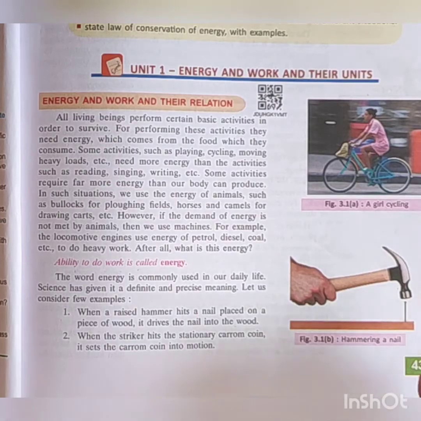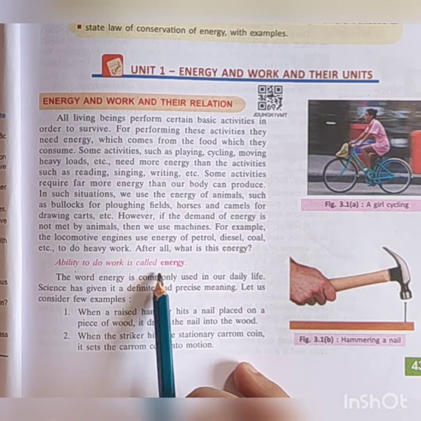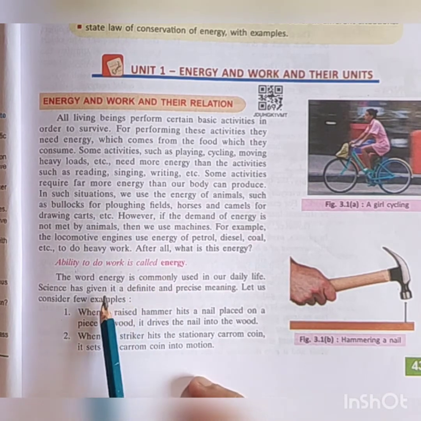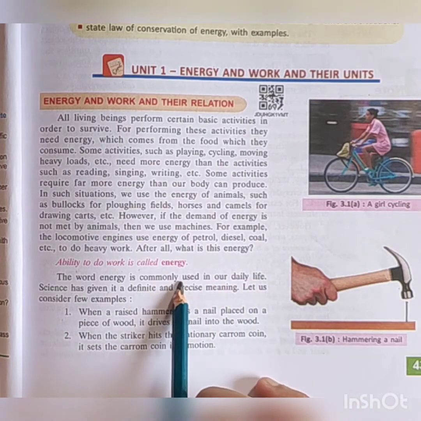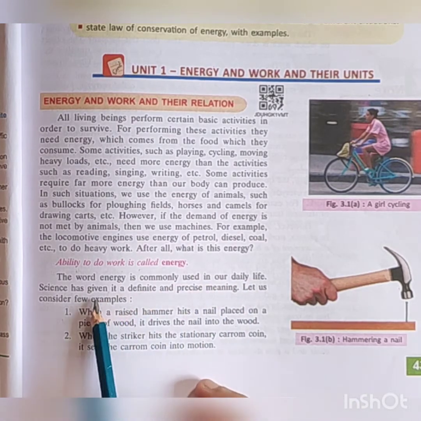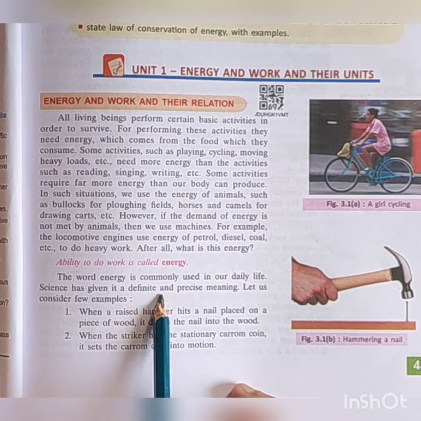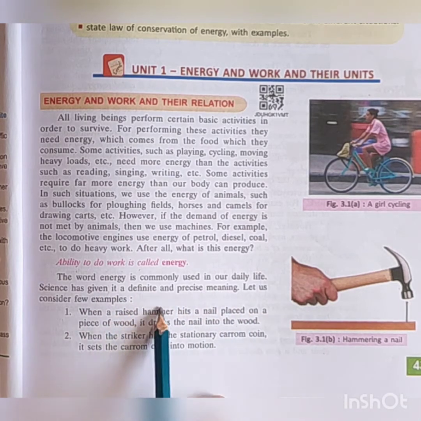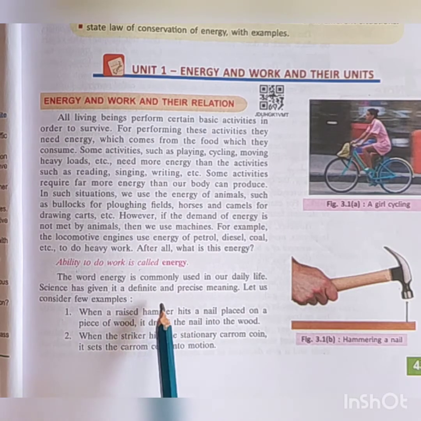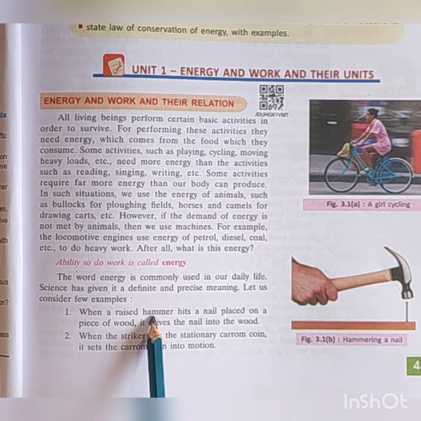The word energy is commonly used in our daily life, but science has given it a definite and precise meaning. Let us consider a few examples. First, example number 1.